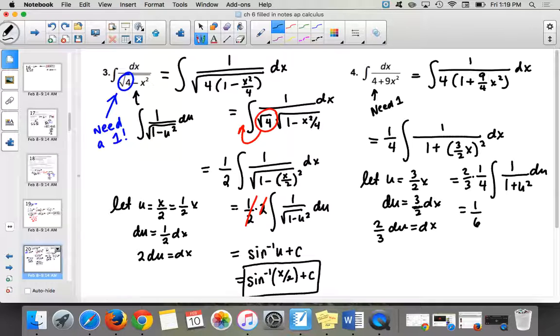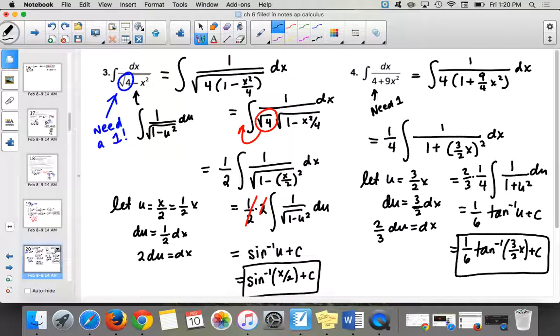And then if I integrate, I get inverse tangent of u plus c. So our final answer should be 1/6 inverse tangent of 3 over 2x plus c. And you can always do the derivative using the chain rule, right, to see if you go back to the original.